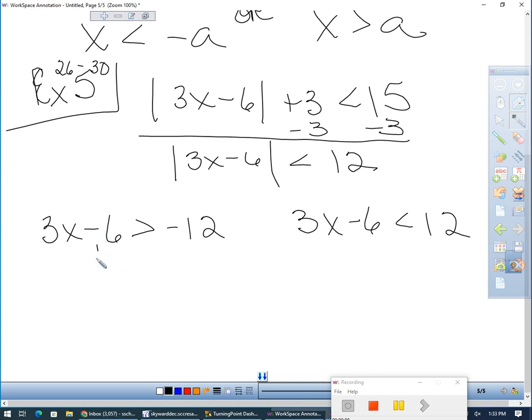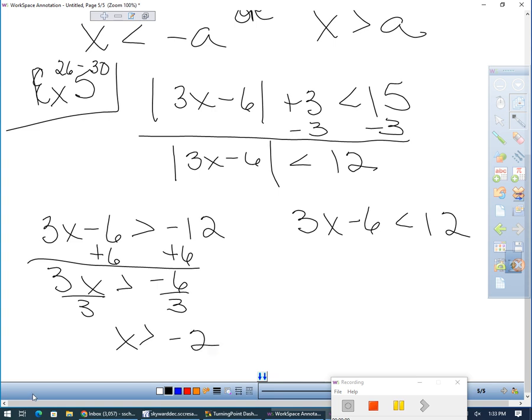All right, on this one we're going to add 6 to both sides. So I get 3x is greater than negative 6. Divide both sides by 3. And x is greater than negative 2.